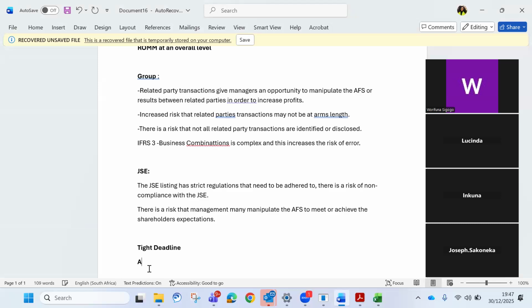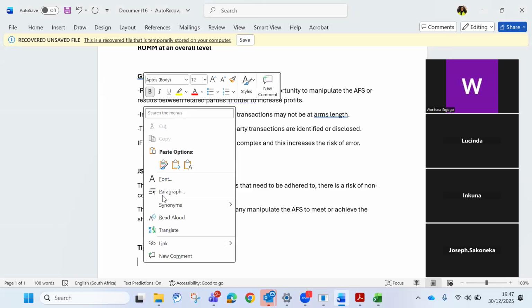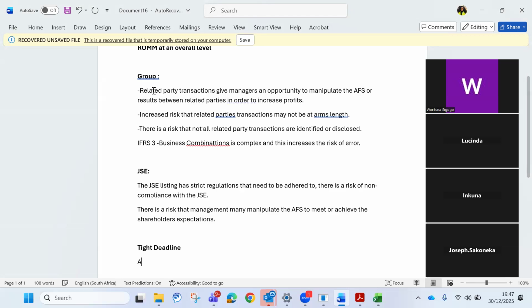So, here it is. A strict or tight deadline may give management the opportunity for fraudulent financial reporting.